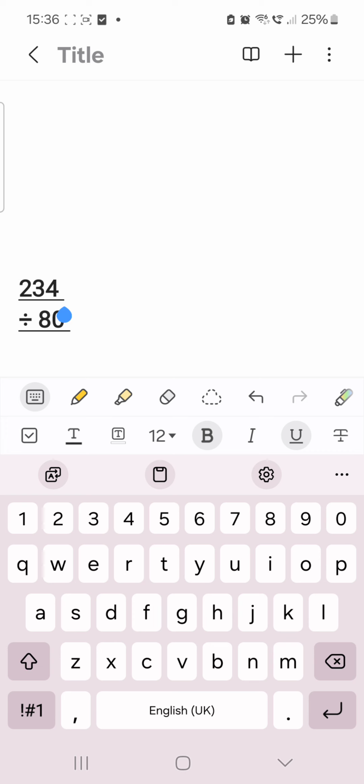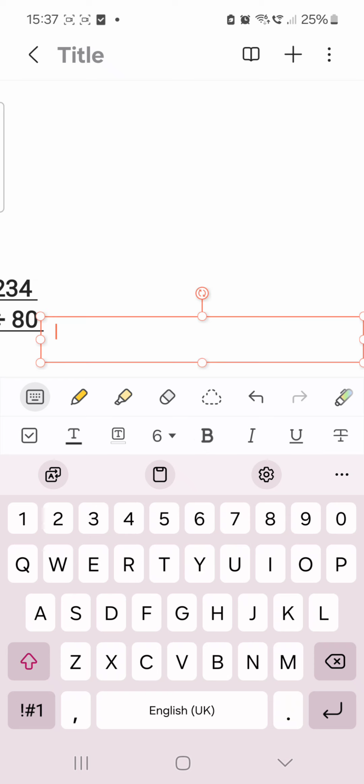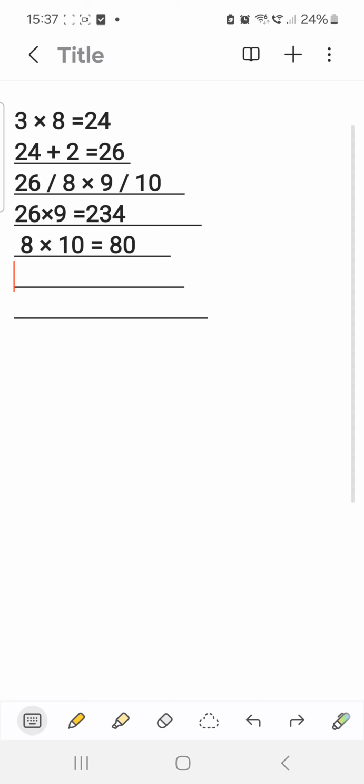So what I'm going to do, I'm going to show you better on paper. But let me... Wait a second. So now, you have to find the improper fraction. So I'm going to write the improper fraction because I can't show you right now.